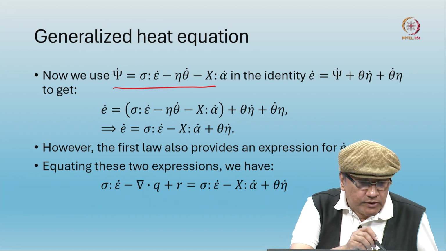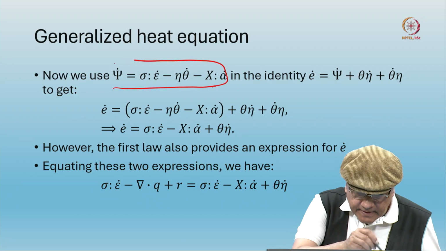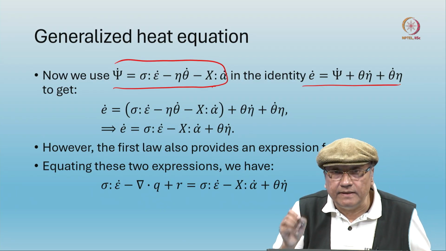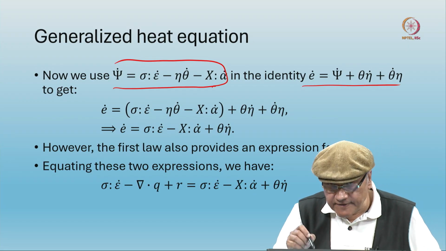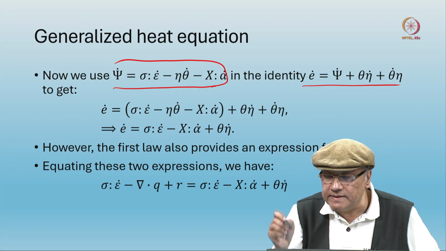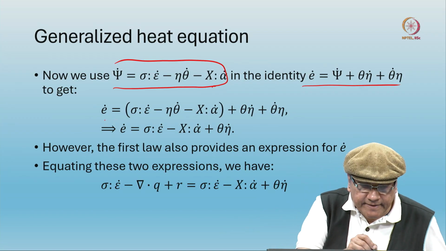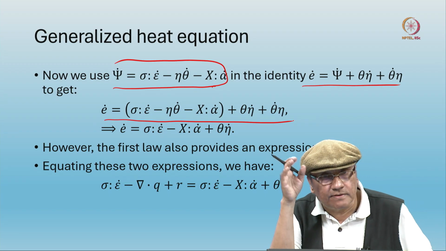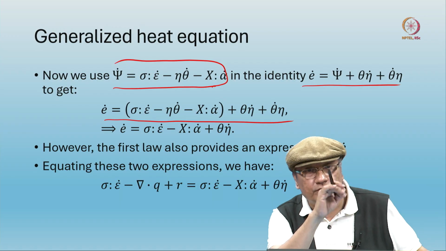So, let us use psi dot as given here in the first of these two identities for E dot, which is E dot equal to psi dot plus theta eta dot plus theta dot eta. Put that. So, we get this, straightforward so far. All the steps are straightforward here, there is no issue.